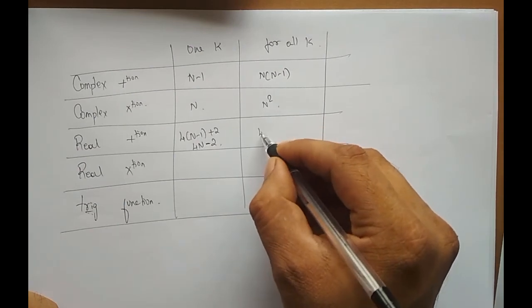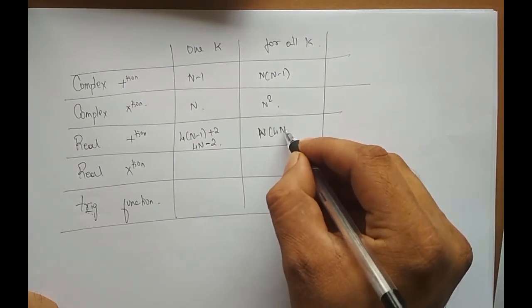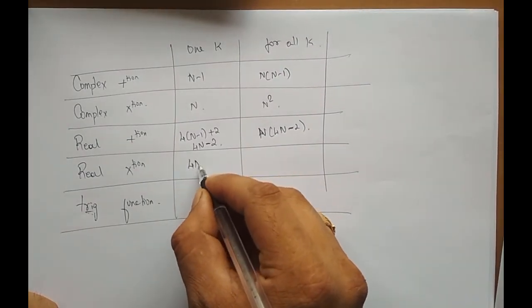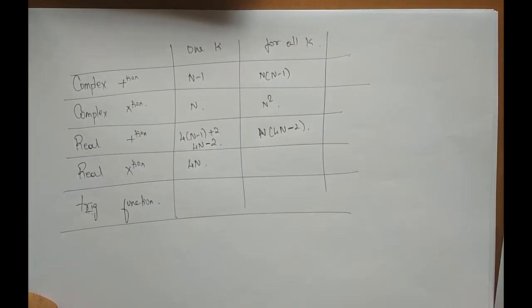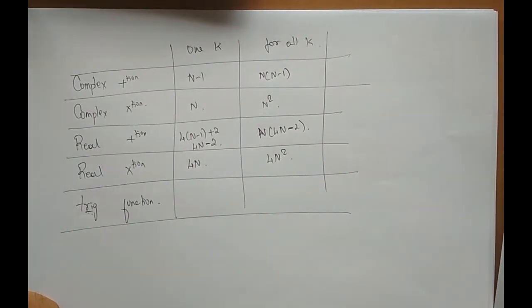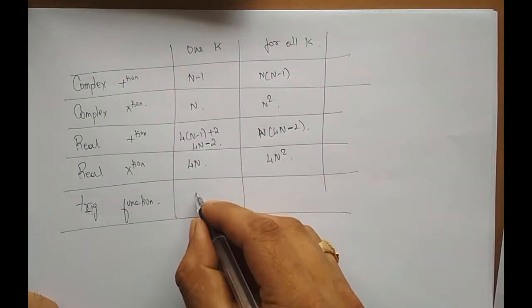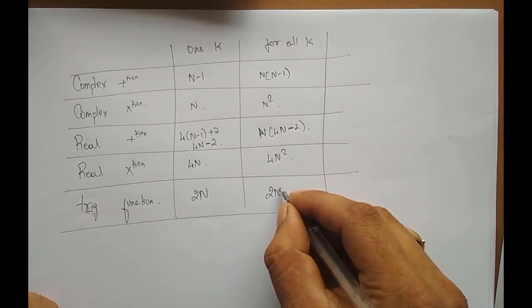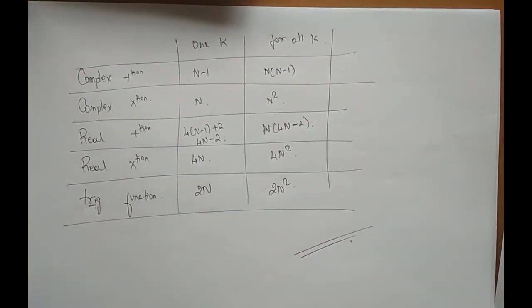So this requires n times 4n minus 2 for all values of k. So this many real additions it requires. So 4n real multiplications it requires for one value of k. 4n times n, which is 4n square real multiplications, for all values of k. For one value of k, 2n trigonometric functions it requires, and for all values of k, 2n square trigonometric functions it requires. Okay, so this is about the complexity involved.